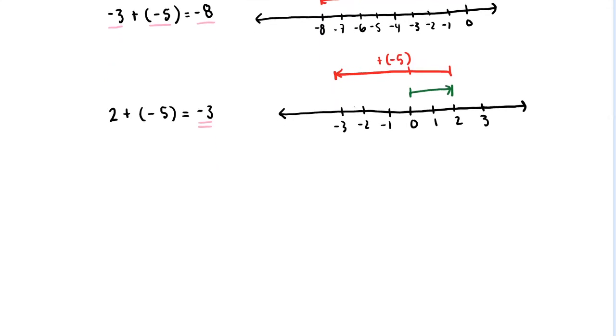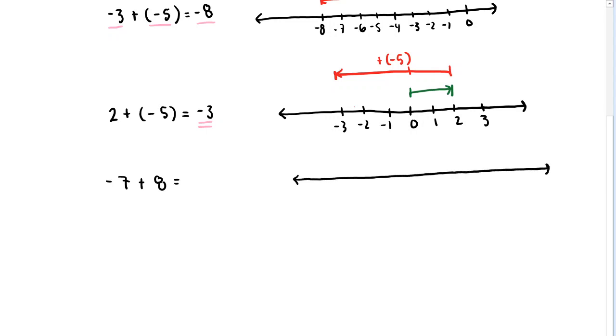So here next, let's look at this reverse. Let's say we start with a negative number and we add on a positive number. So -7 plus 8. What is this equal to? I definitely encourage you to guess before we reason through this with a picture. So here's 0. Here's -1, -2, -3, -4, -5, -6, -7.